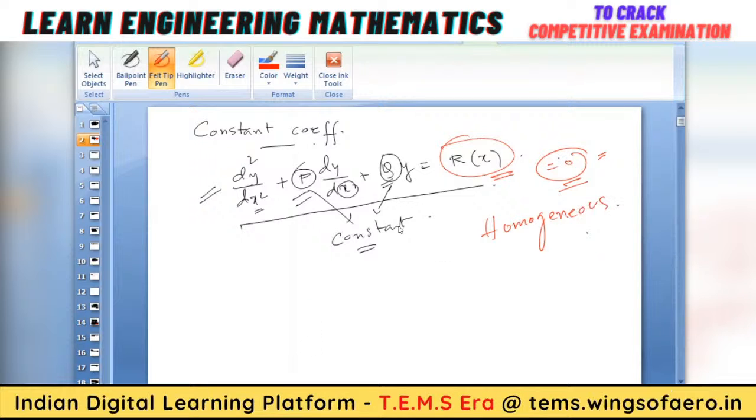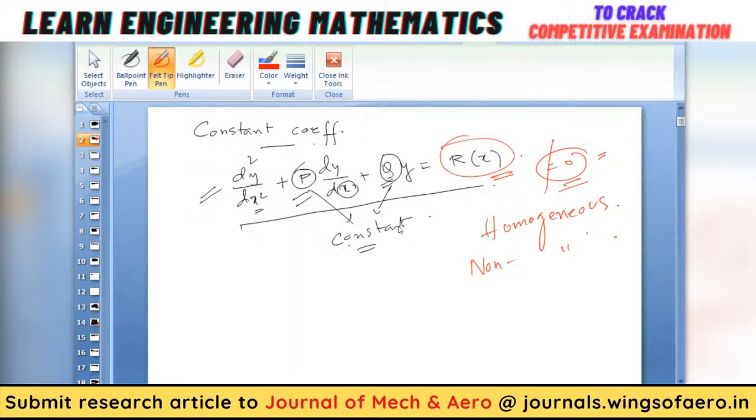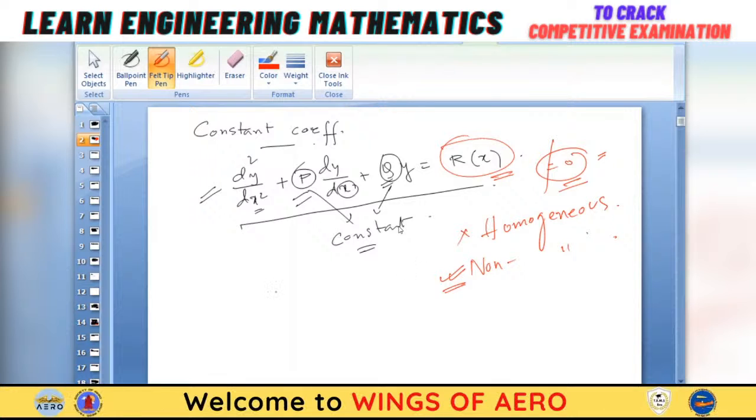If the right-hand side is not equal to 0, it is called a non-homogeneous equation. The PI, or particular integral, is applicable only for non-homogeneous equations, not for homogeneous equations. So in the case of homogeneous equations, the only solution is the CF, the complementary function.